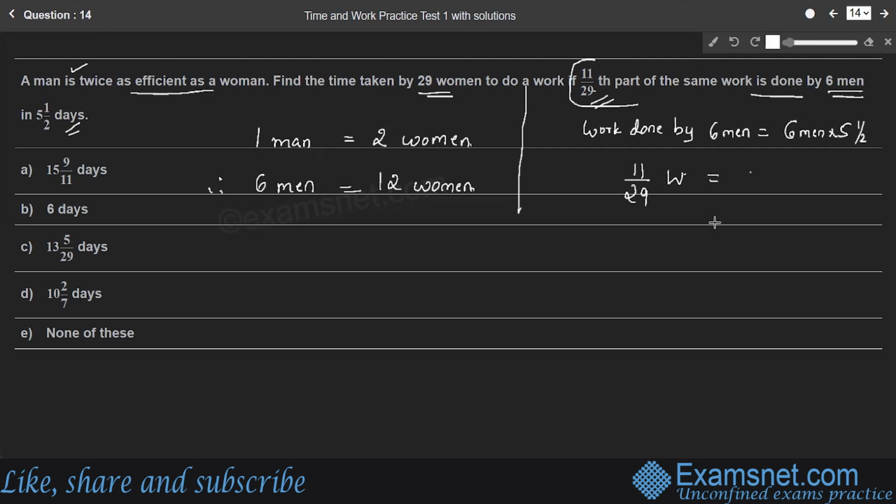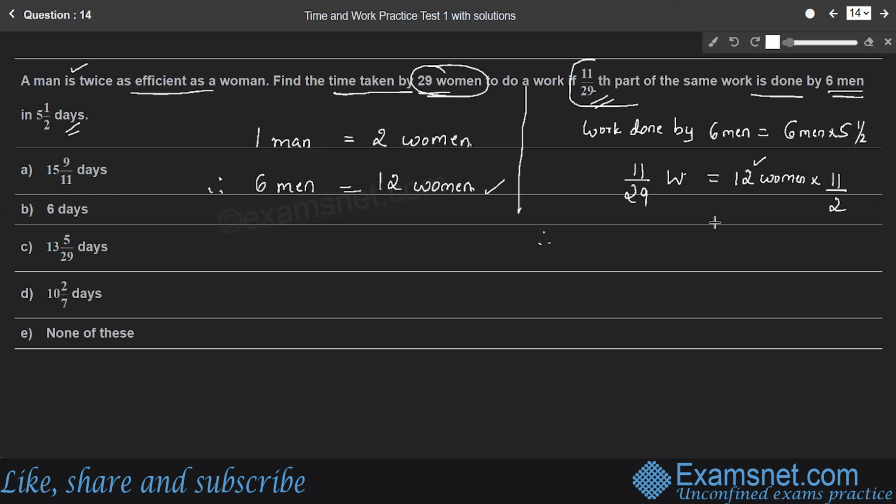But 6 men is equal to 12 women. So we can write 12 women into 5.5, which is nothing but 11 by 2. Here we need what is asked in the question, time taken by 29 women. Before going to time, we'll consider the efficiency of 29 women. To find that, we need the efficiency of 12 women.